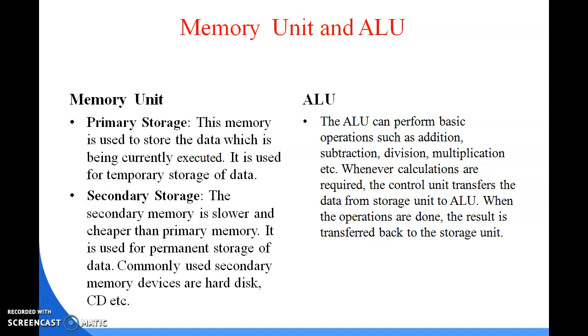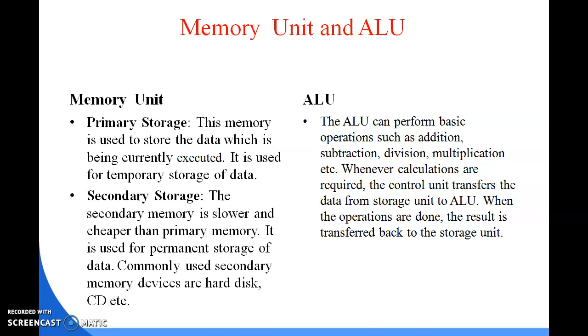You can easily unmount that memory card from that slot, then easily fix another memory card within that slot, right? It is a removable option.